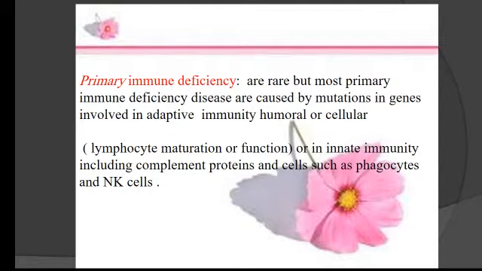Cellular or humoral immunity, these are the pure primary immune deficiency. Caused by mutation, of course.